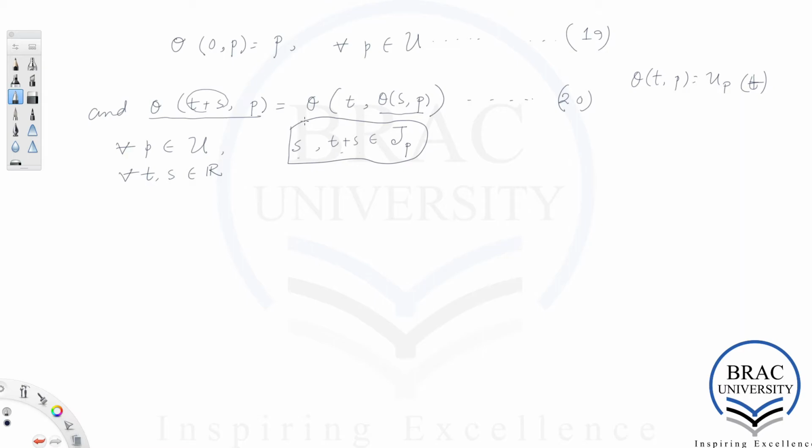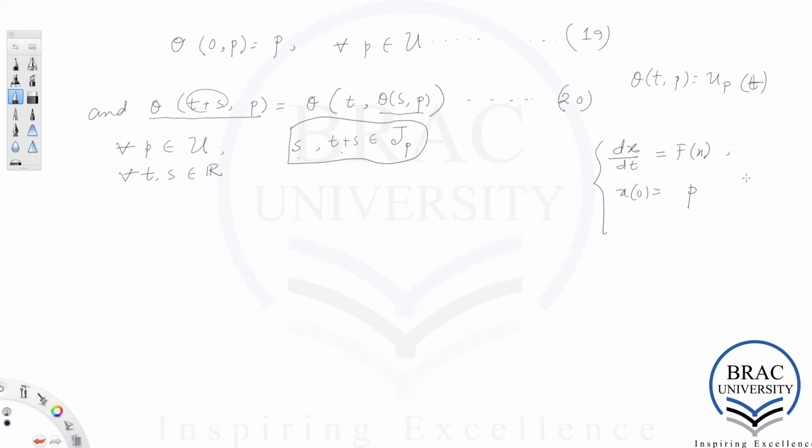So 19 and 20 can be seen more closely in the following way. I want you to consider these two equations and think of them a little more deeply. It's important to notice that we wrote down the IVP earlier as dx over dt equal to f of x, and x at 0 equal to p.